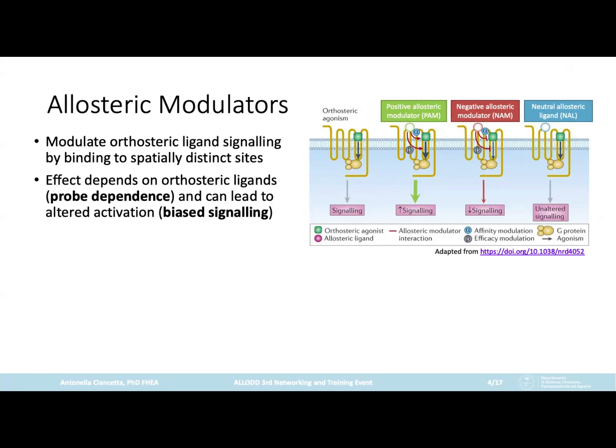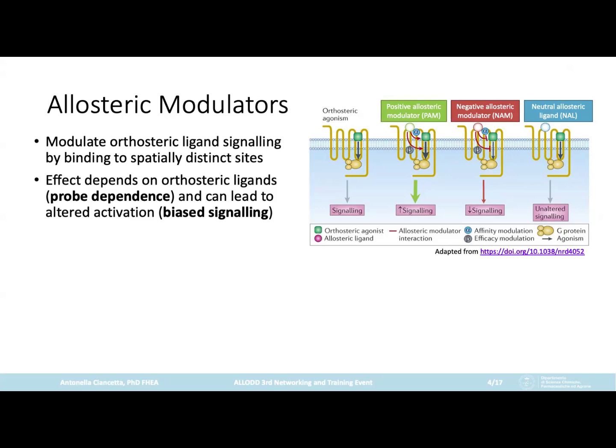And this can be very exploitable from the therapeutic point of view, especially if one of the pathways is mediating the therapeutic aspect of the compounds and the others are mediating the side effects. This is, for example, the aspect that some of the biased agonists of the mu opioid receptor have, that can have the analgesic effects without having the side effects normally associated with mu opioid receptor agonism.